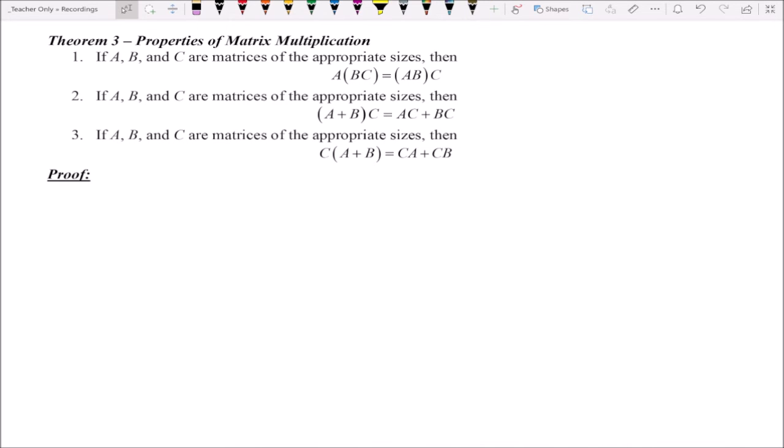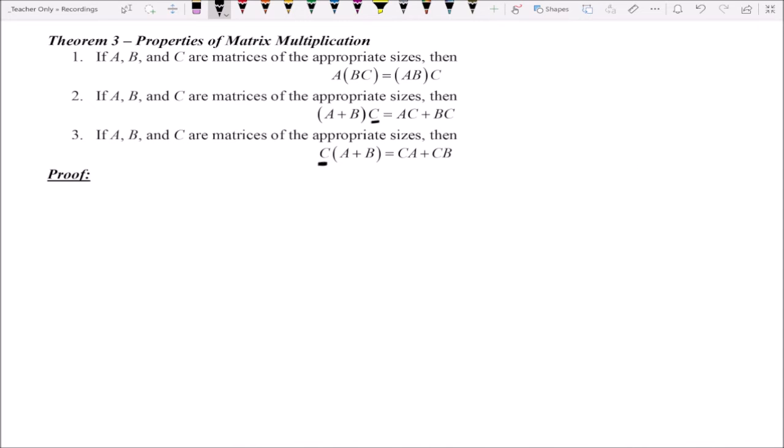Now, remember, the order here matters. Where you write the matrix matters, whether you write it behind or in front. Notice there's no property for matrix multiplication being commutative.